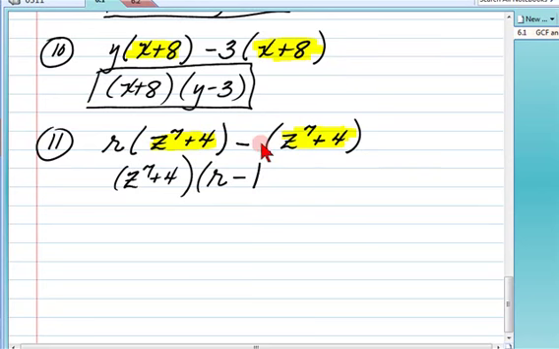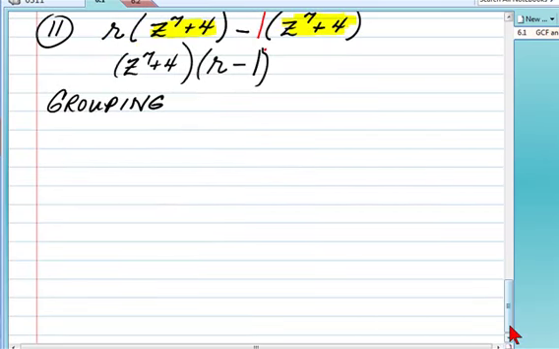I have to have something here, and since there's nothing written, I believe that there is an implied 1 there. So I have z to the 7th plus 4 as the common factor, and then what's left over is r minus 1. Okay, now we're going to look at full-blown grouping, where we do all of it. So there actually will only be one additional step.